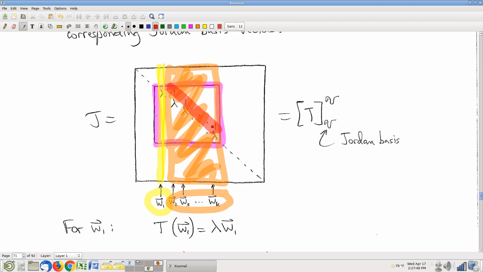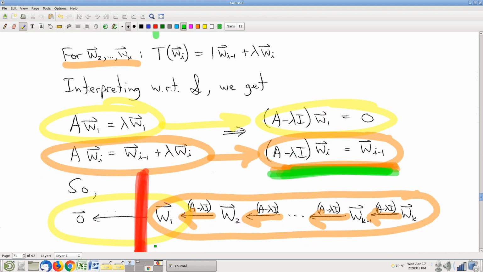So the big point I'm trying to get to is, don't forget that as you're moving backwards through this list of Jordan basis vectors, when you get to the eigenvector, you stop. You have to stop there because that's what A minus lambda I does. A minus lambda I turns all the rest of those terms into zeros. It stops. It's not arbitrary.